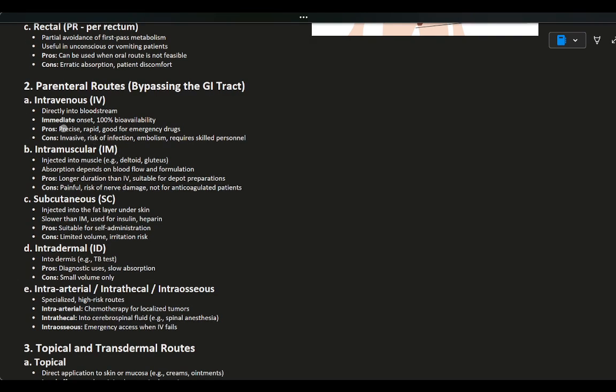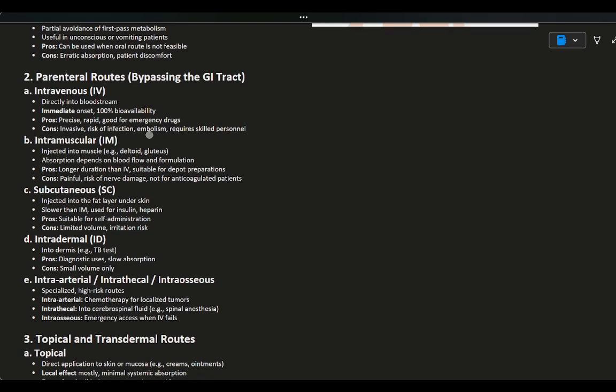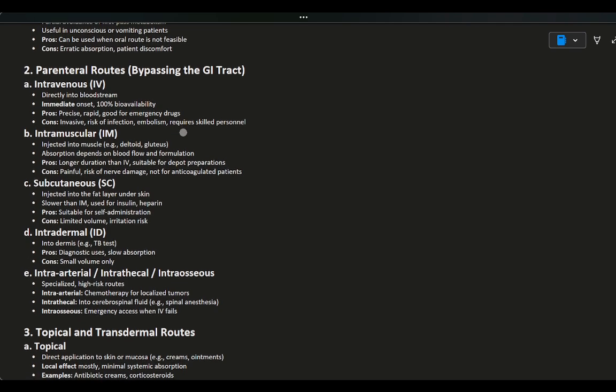And so, along those lines, the benefits are that it is precise, rapid, and good for emergency drugs. The downside is that it requires highly skilled personnel in order to administer the drug through this route.